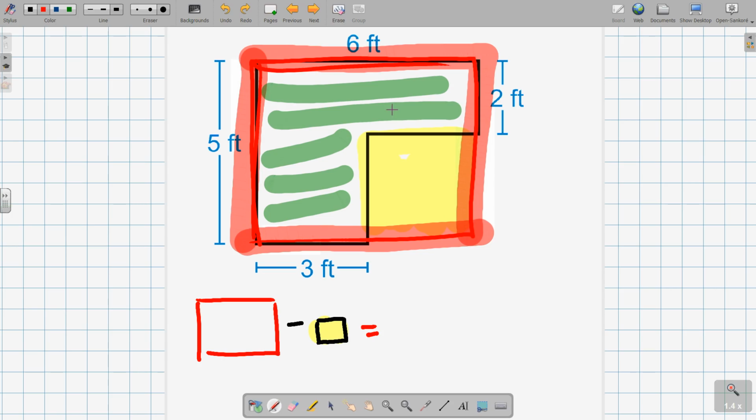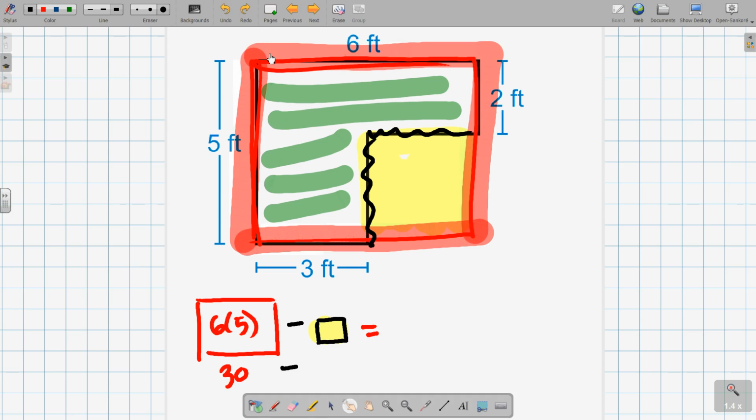So our larger one, that's going to be 6 times 5. Of course, it's 30. Minus, we go like this. Physically trace. This whole thing is 6, 3, which means this is 6, 3.